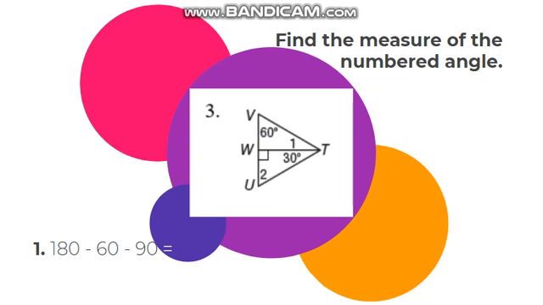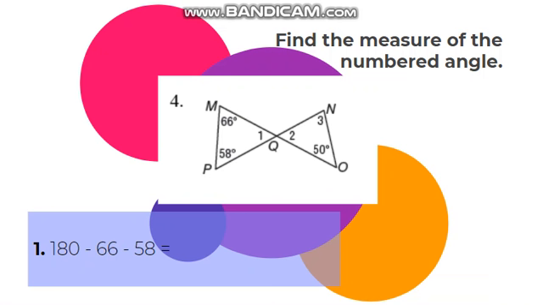So subtracting 60 and 90 degrees tells us that angle 1 is 30 degrees. And then to find angle 2, it's going to be 90 and 30. So angle 2 is 60 degrees.